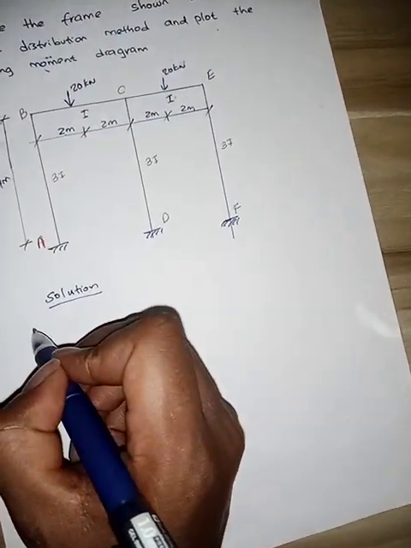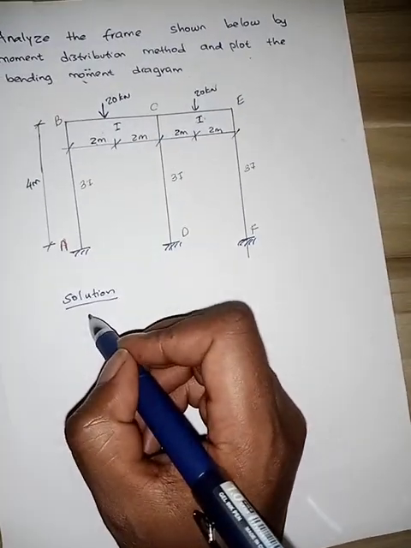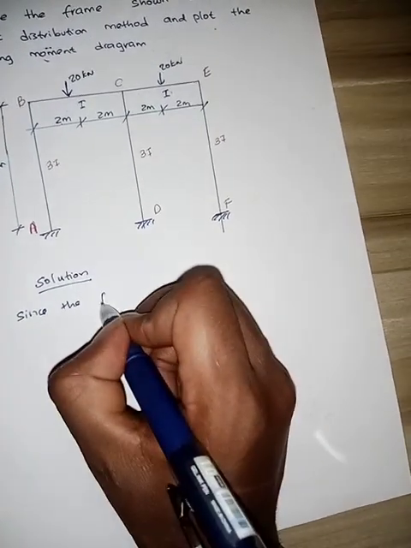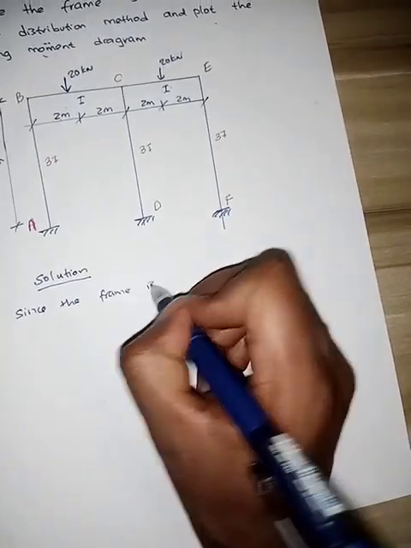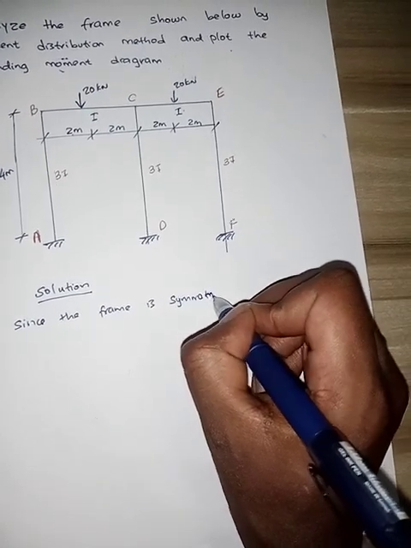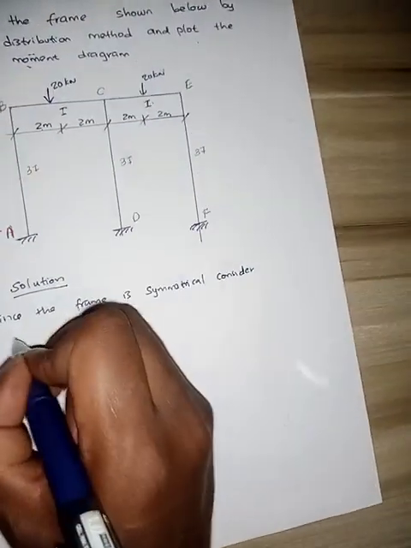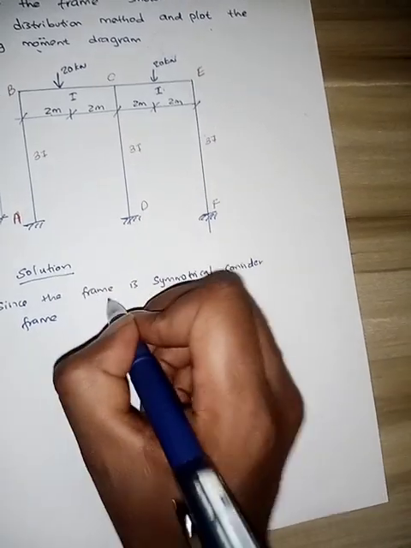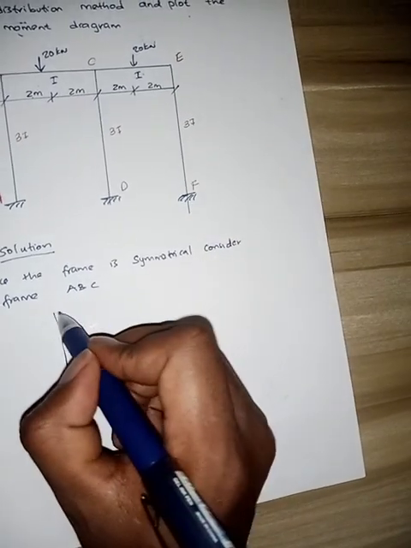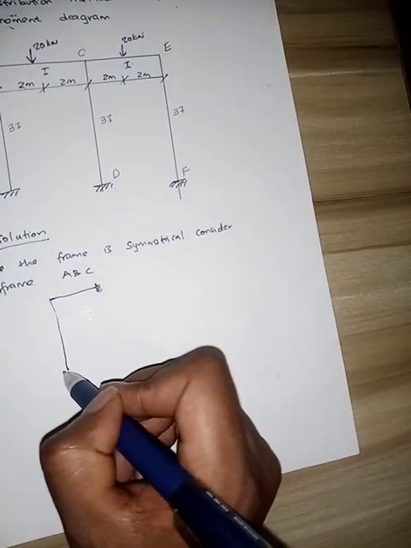Now this frame is symmetrical. We are going to take advantage of symmetry. So since the frame is symmetrical, consider frame A, B, C. So we're only going to consider that small frame.